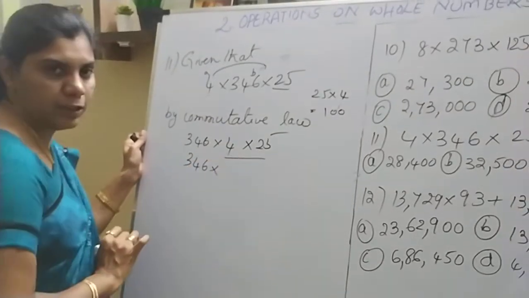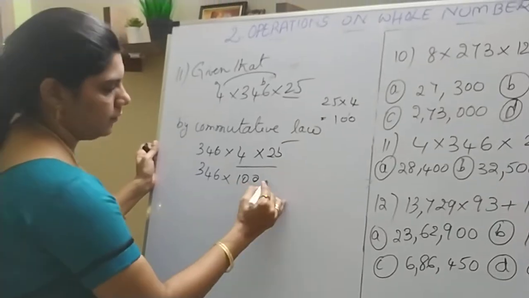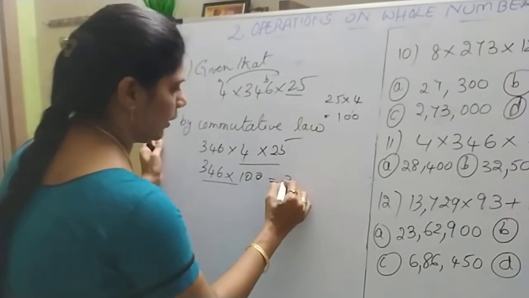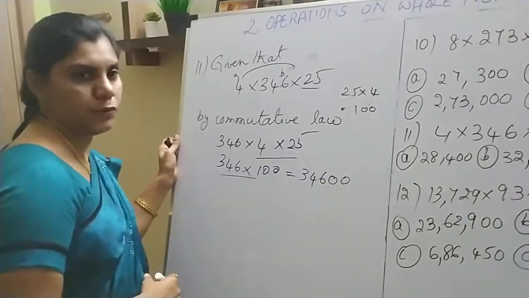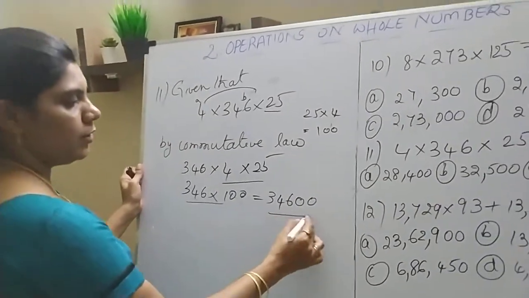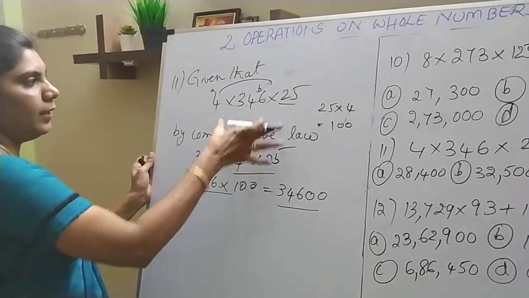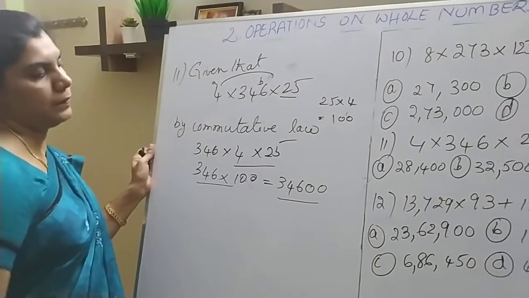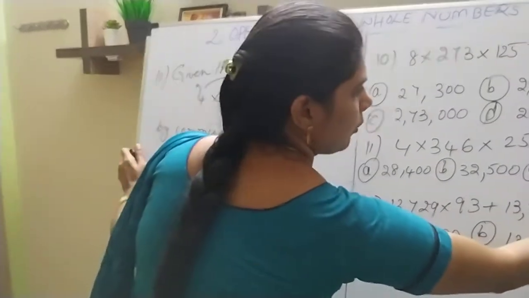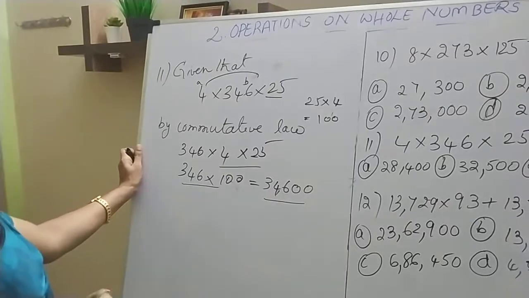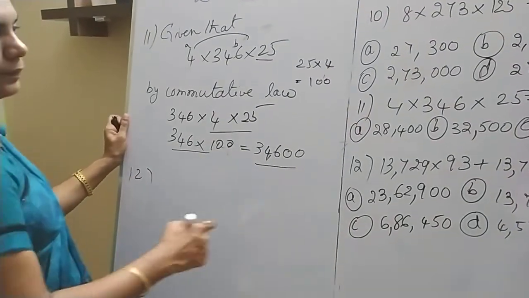First I am doing this multiplication. So you get here 1000. Now see, 346 one time, remaining 2 zeros. Okay. So in one step you got the answer instead of doing lengthy multiplication. 34,600. Okay.